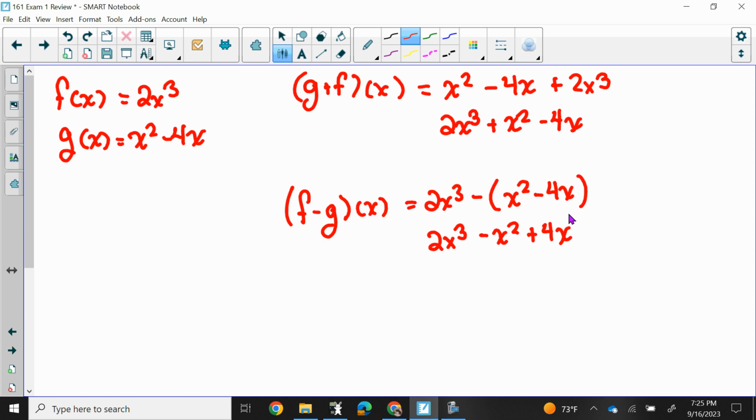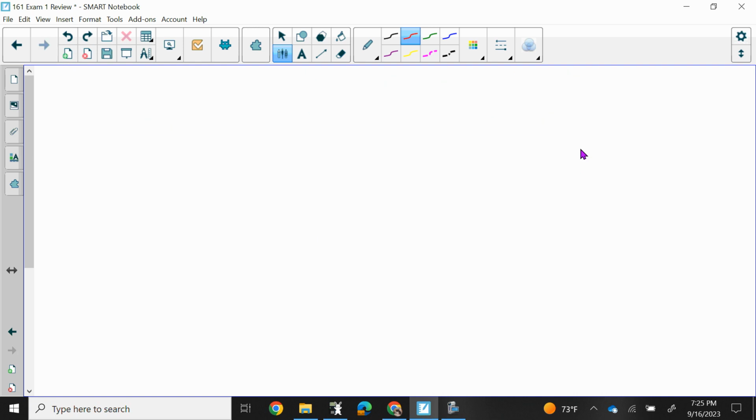The other one I wanted to show you is if I have a function, let's do f of x is equal to x squared plus 2 times x, and then g of x is equal to 3x minus 1.